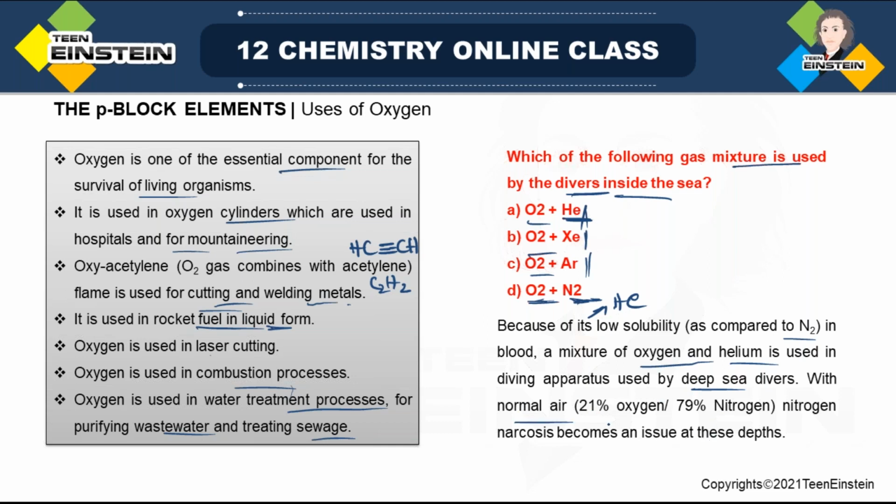But if we take normal air, where the oxygen nitrogen ratio is almost 1:4, then nitrogen narcosis will occur, and there will be some unconsciousness symptoms, which is not good, and that is why a mixture of O2 and N2 is never used. But which mixture is used? It is oxygen and helium. Fine.